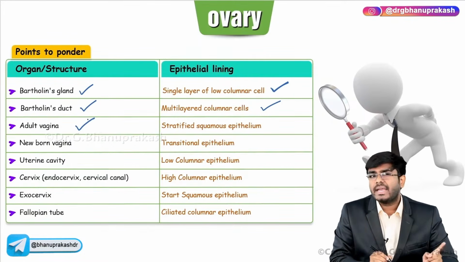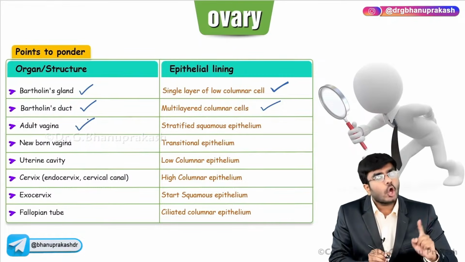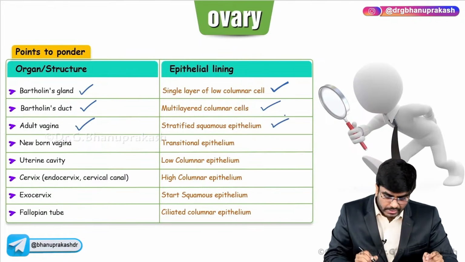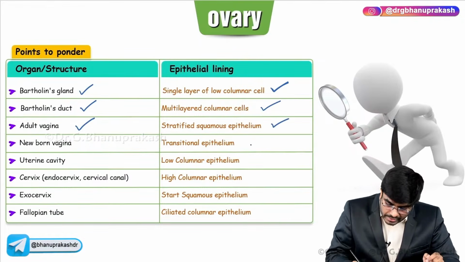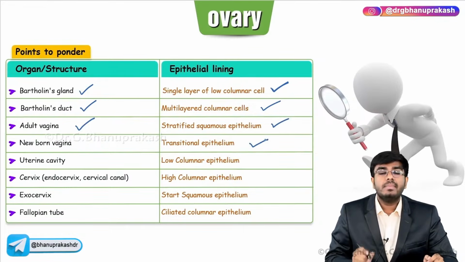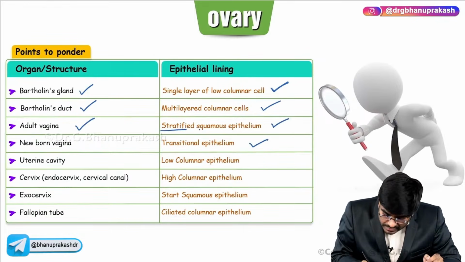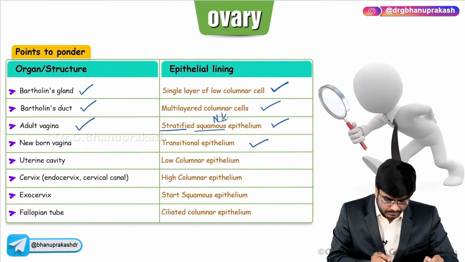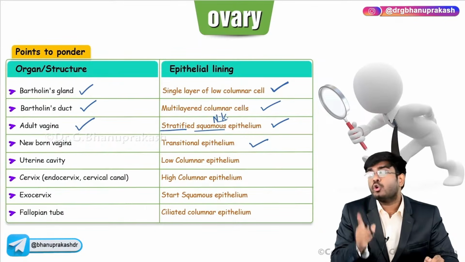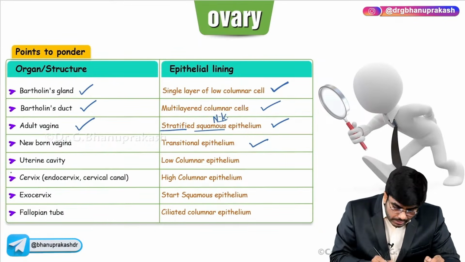Adult vagina is lined by stratified squamous non-keratinized epithelium. Newborn vagina is lined by transitional epithelium. The important point is stratified squamous non-keratinized epithelium, which is resistant to gonococci, as we have already discussed.